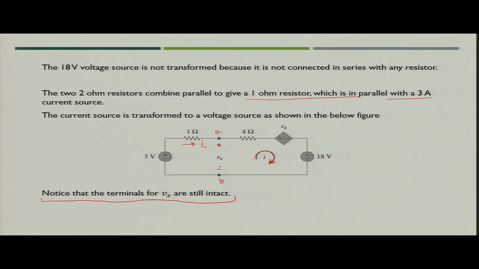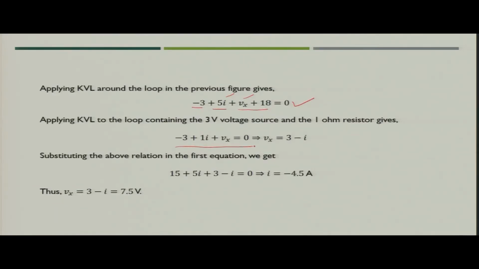We can say Vx is nothing but 3 volt minus 1 into I. So, the same way we have calculated, Vx is nothing but 3 volt minus I. Now, this value you can put in the above equation and simplify, you will get the current as minus 4.5 ampere. In this way you can calculate Vx as 7.5 volt.